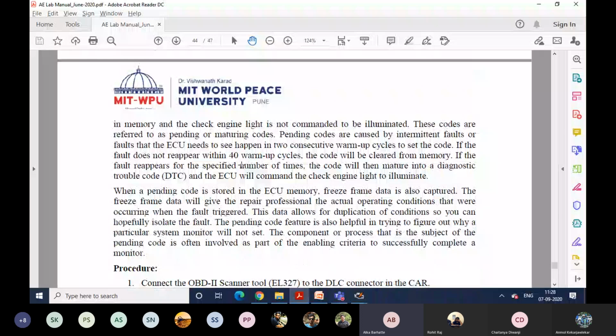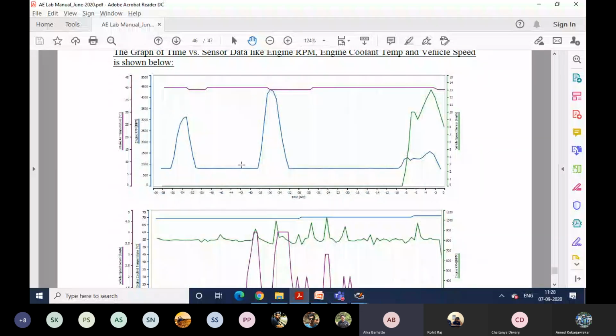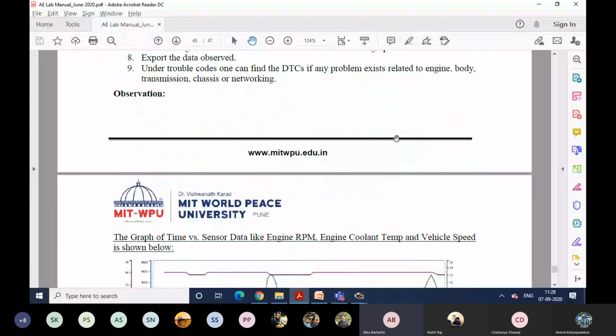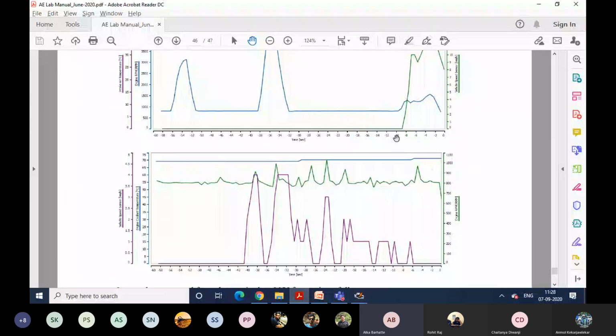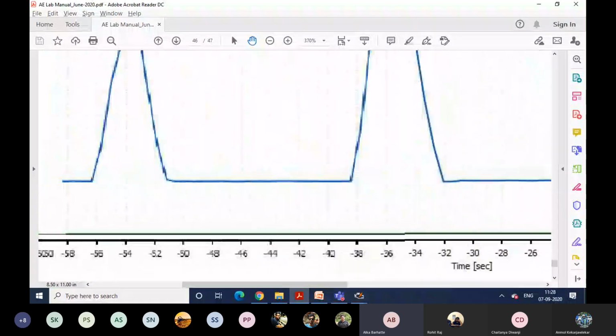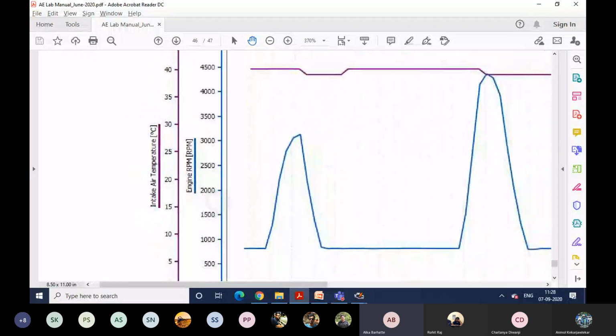This is representing the live data that has been recorded by connecting that OBD2 connector to the vehicle. Here, if it is clear, I'll show you. This violet color is representing intake air temperature. The blue color is representing engine RPM.